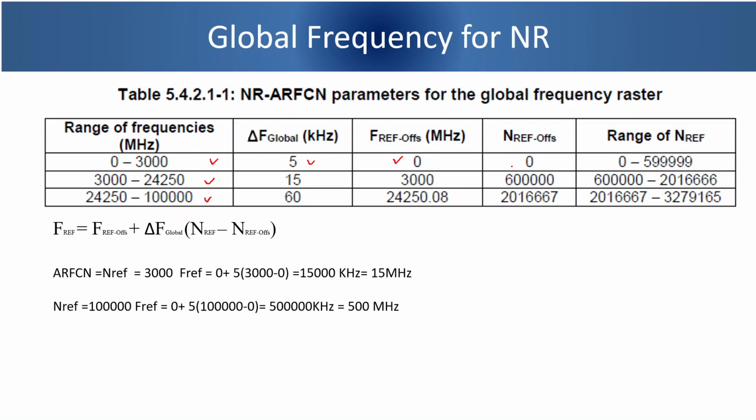I'll tell you what that means. The ARFCN offset is 0, and the total range will be from 0 to 599999, almost 6 lakh. So the total numbers will be about 6 lakh.